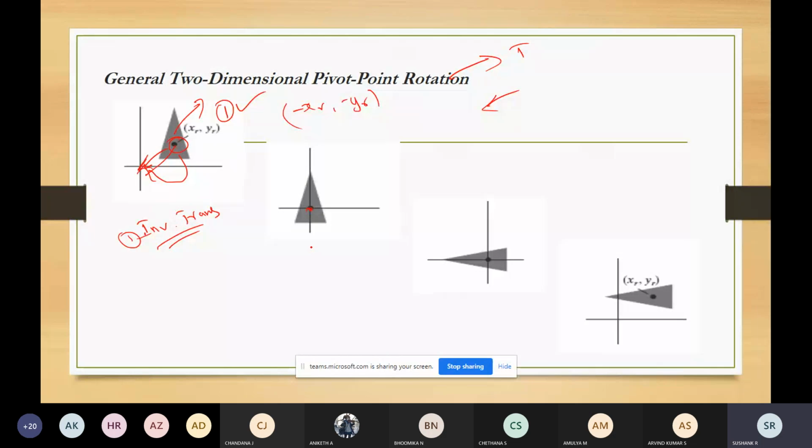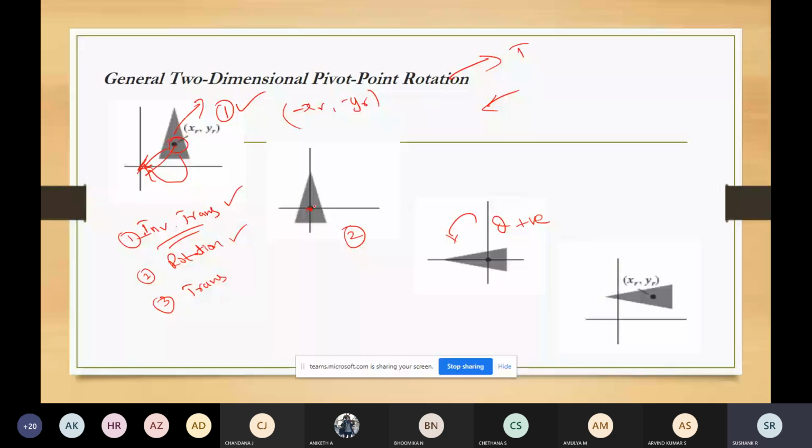Once it is moved to the origin, the second step will be rotation. If it is moved in the anti-clockwise direction, the theta will be positive. Second step, move to the origin by performing inverse translation, then rotate the object. After the rotation is done, perform translation. Why translation?